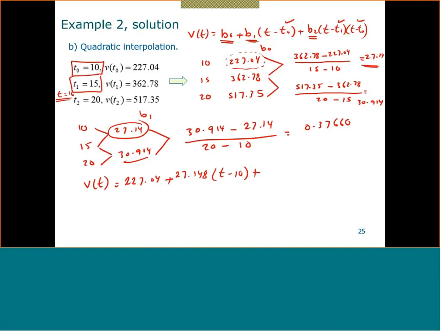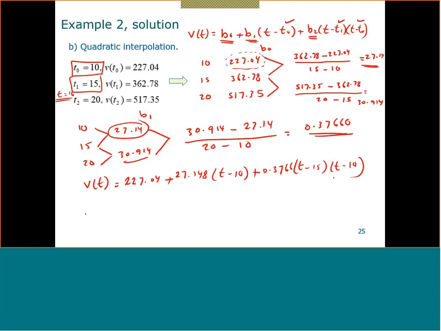Plus my B2. My B2 I just calculated, which is this number, 0.3766 times t minus t1, which is 15, times t minus t0, which is 10. Okay, that's it. So this is my V of t.